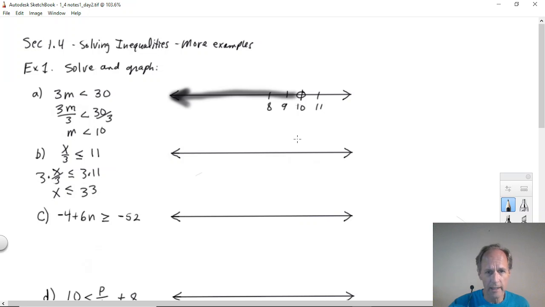So we shade that. This time I'm just going to show the number 33, nothing else. So yeah, you can just do that. You don't have to put more numbers on there. The circle, actually, this is a colored in circle, a dot we could say, because it's less than or equal, right? So 33 is included in the graph, and also everything to its left.